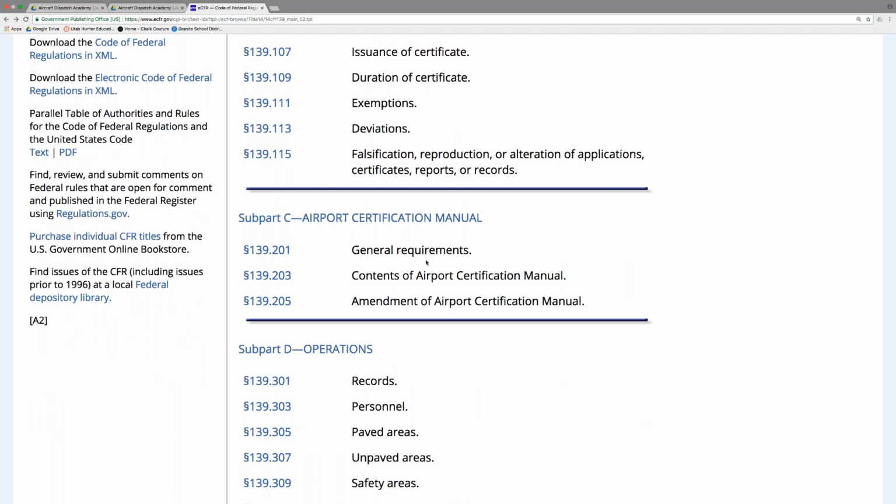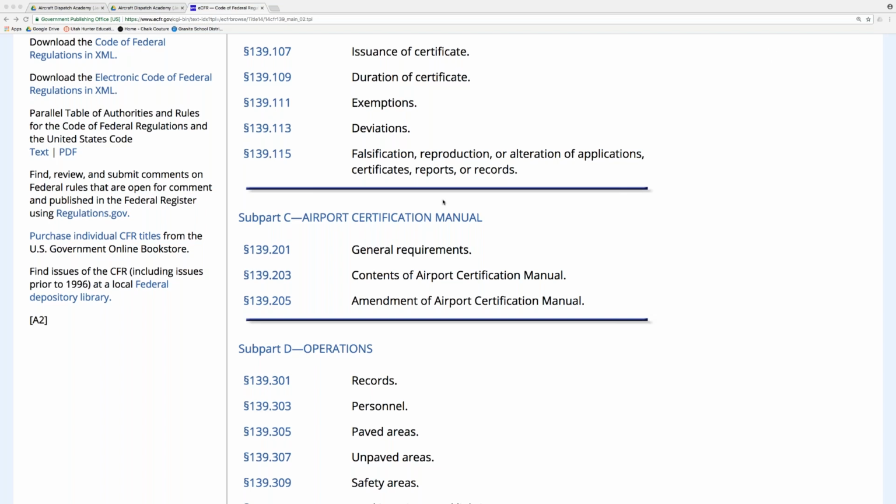Even your company manuals, the first two chapters are talking about your general requirements, and then they go over your chain of command, and that's pretty much across all FAA documentation.